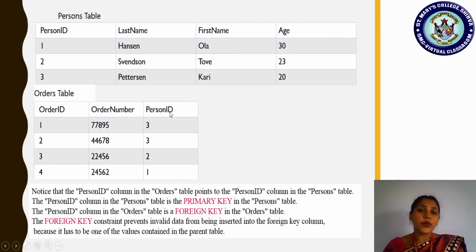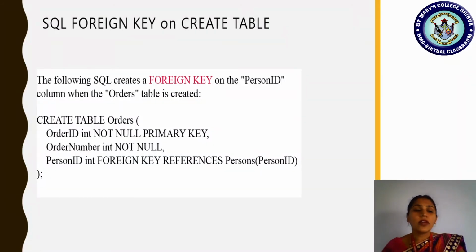Short form also you can use, no issue. Either you can use the same name you put in the person table, or else you can use a new name, like as I just told you, PID, short form. Okay, so now this is the foreign key name we are choosing in which table? Order table. Okay, so person ID itself, the same name we have taken.